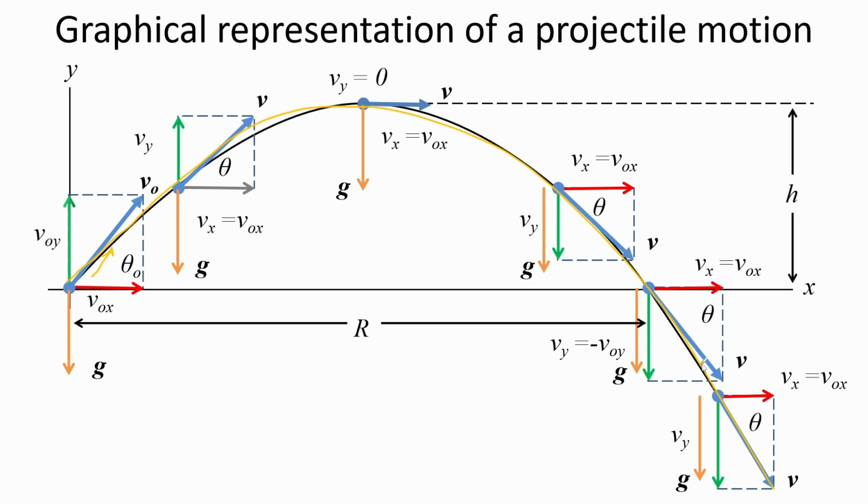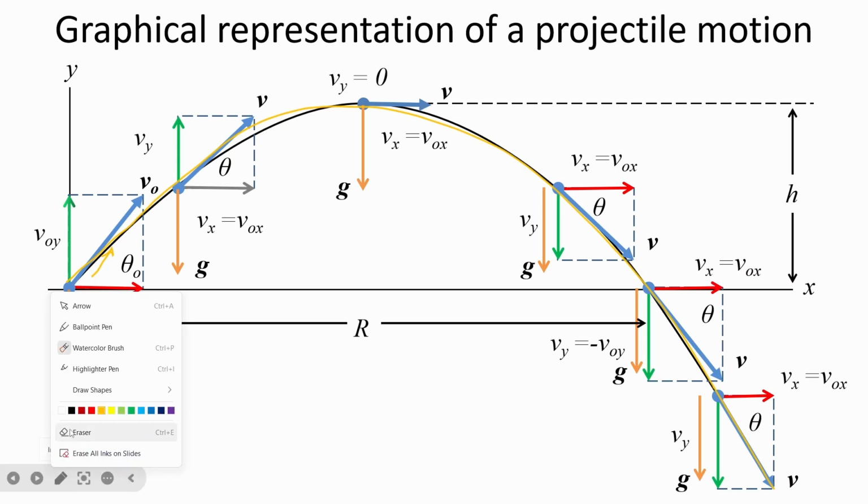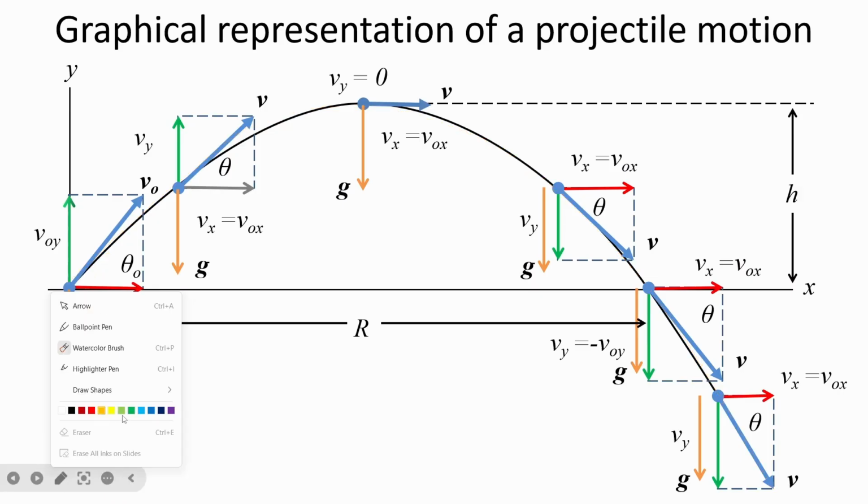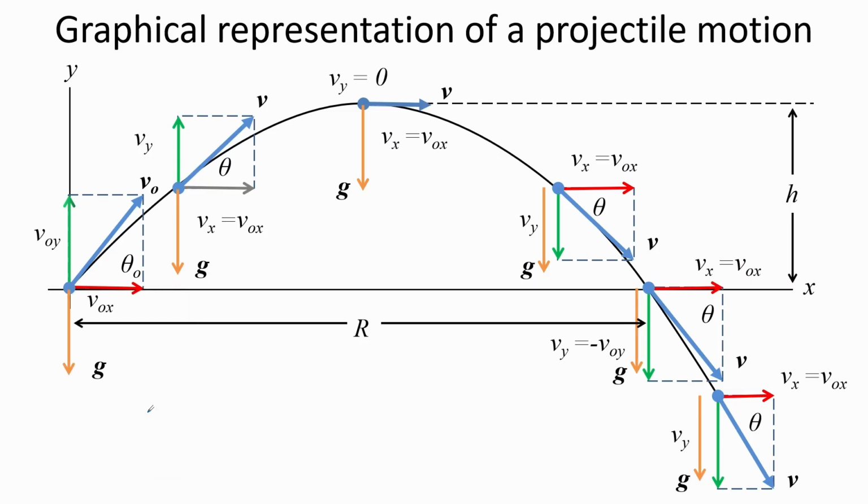So trajectory na siya niya. While ang kani siyang mga arrows, let's choose dark blue na lang. Kani siyang blue arrow, this is the vector na component nimo or vector form niya.